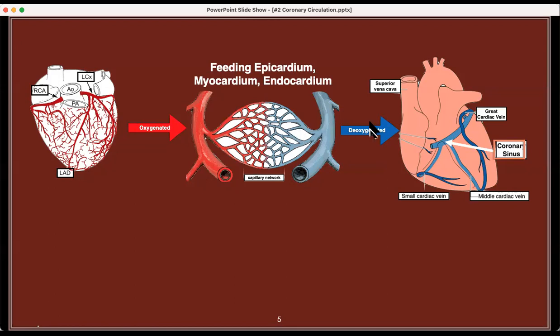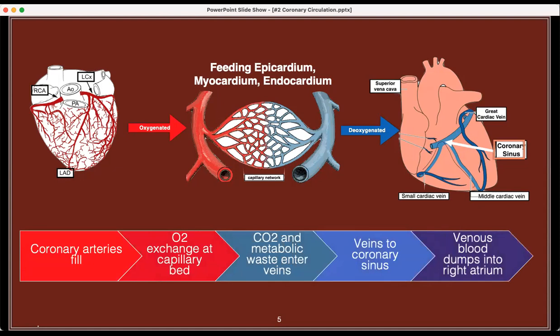And then that deoxygenated blood flows over into the vessels, into this holding pen, the coronary sinus, that takes blood and dumps it into the right atrium because it's all deoxygenated. It wants to dump it into the right atrium so that it gets fed into the lungs for oxygenation.